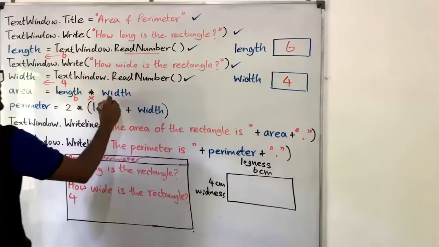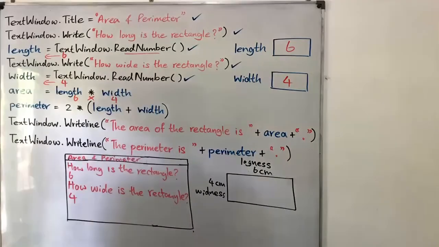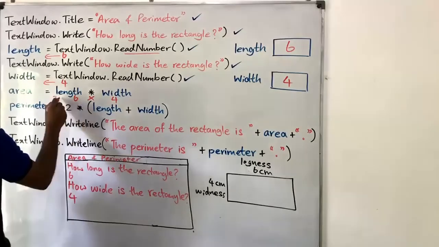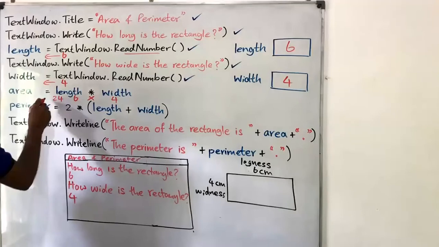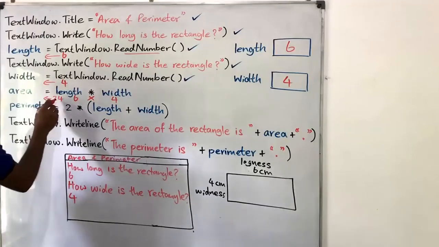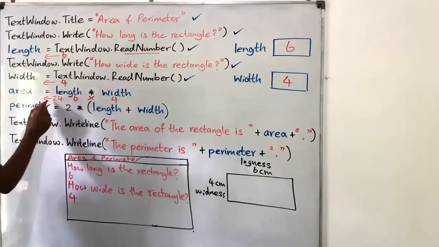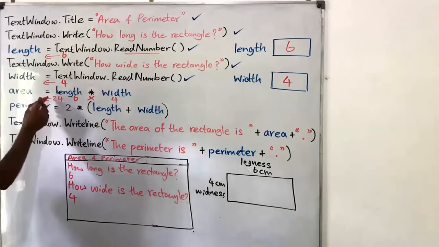So what is the final value? 6 times 4 means 24. That 24 will be here, and the equal sign means that final simplified value, the 24, will be assigned or given to the variable area.